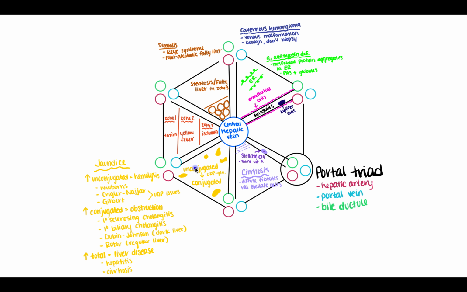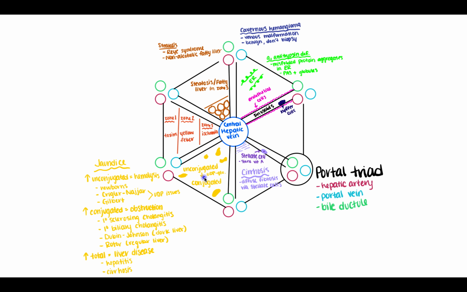You didn't get that conjugating pathway going on. So if you have a patient and they show an increase in unconjugated, you should definitely be thinking hemolysis, but you could also be thinking about Crigler-Najjar and Gilbert's disease.